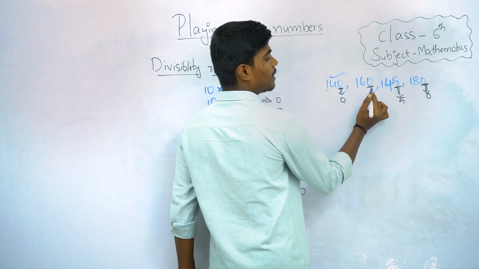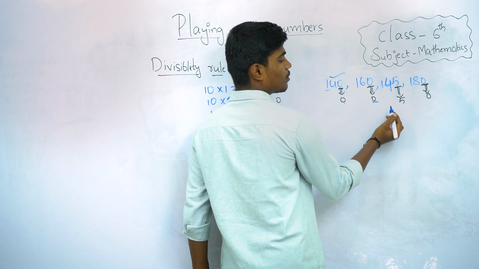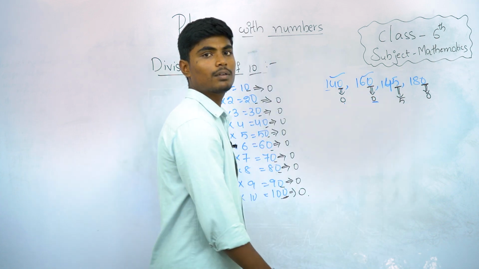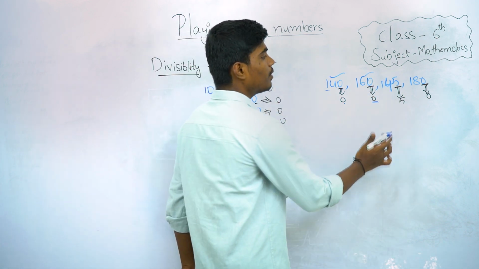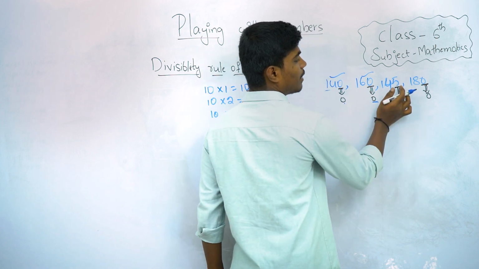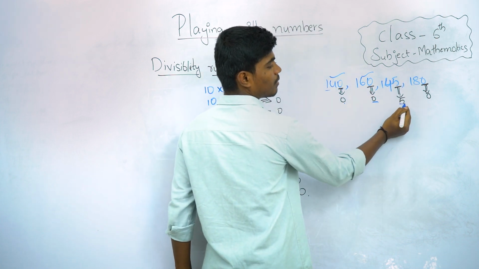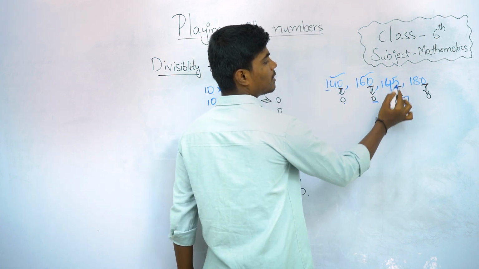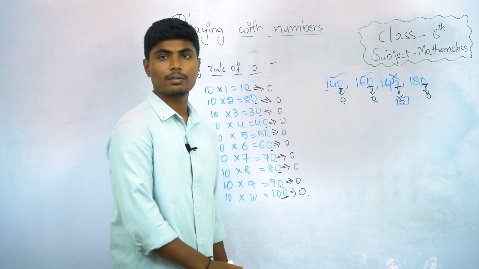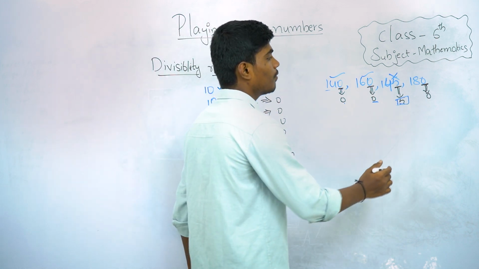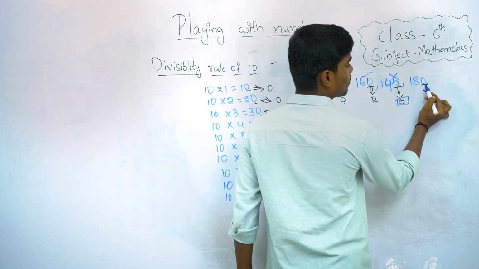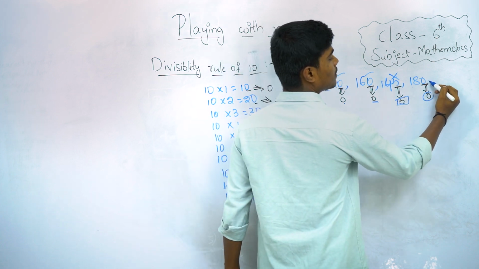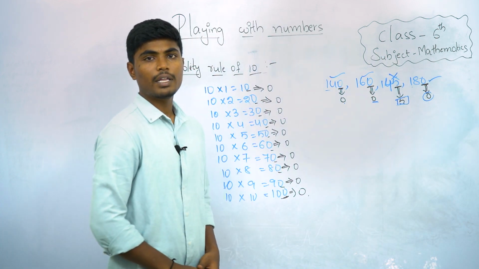In 160 the ones place is 0, so this number is also divisible by 10. In 145 the ones place is 5, so this number is not divisible by 10. In 180 the ones place is 0, so this number is also divisible by 10.